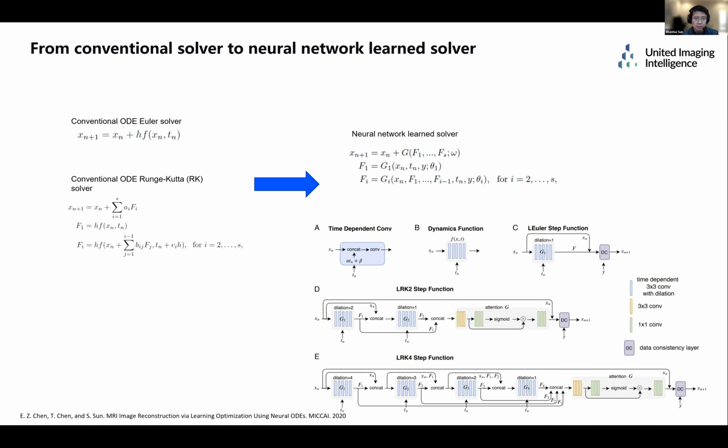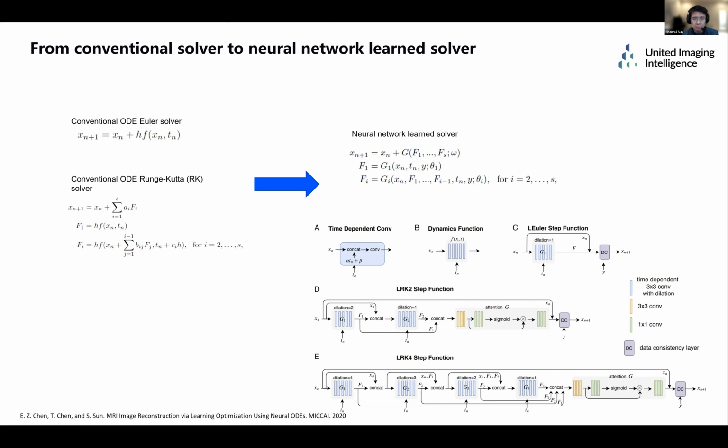They learn the ODE either through backpropagation through the ODE solver, or they could use the adjoint method. And here we have to set up a couple of hyperparameters.